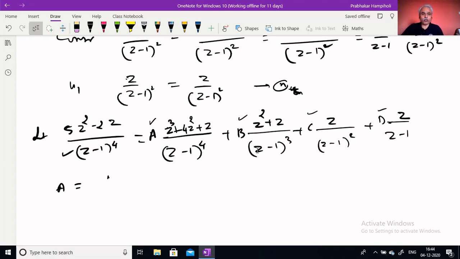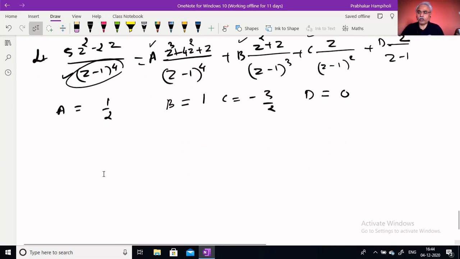you will get what you have to do: cross multiply this and go on substituting, taking the different coefficients. A equal to 1 half, B equal to 1, C equal to minus 3 by 2, and D equal to 0.